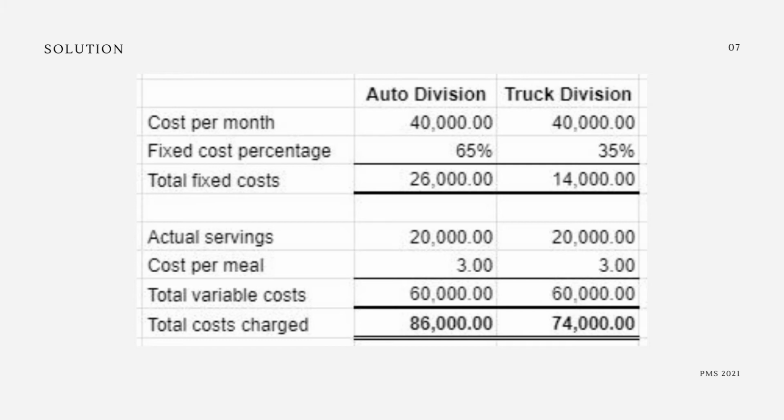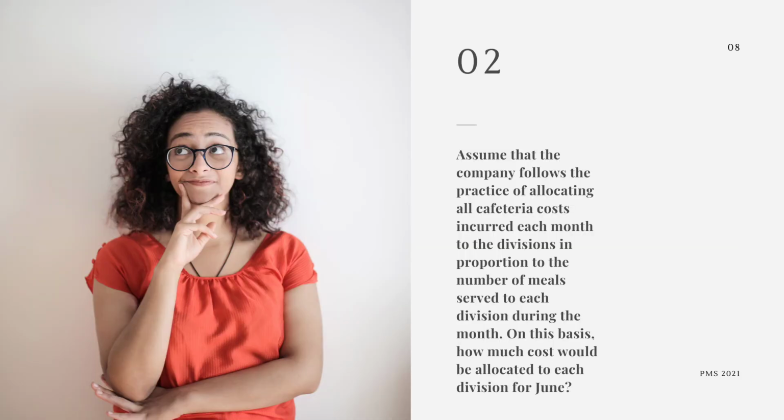The $26,000 total fixed cost of auto division is added to its total variable cost of $60,000. We have a total cost of $86,000. For truck division, $14,000 total fixed cost plus $60,000 total variable cost, we have a $74,000 total cost.